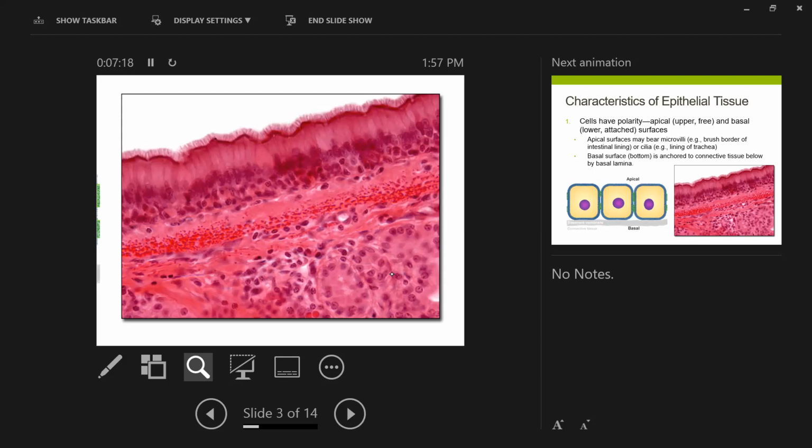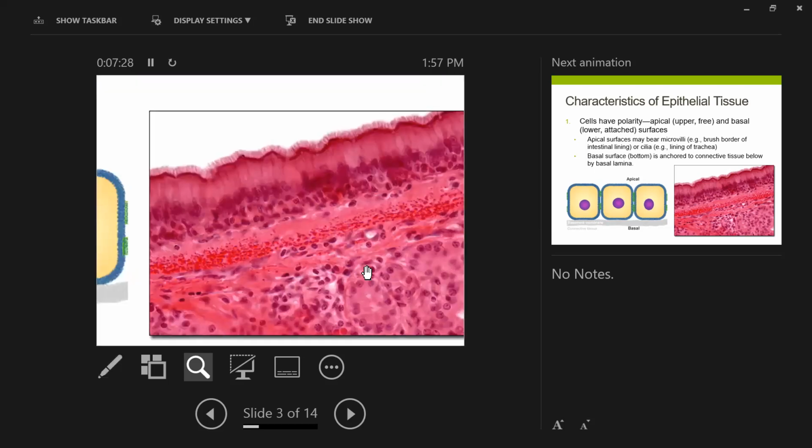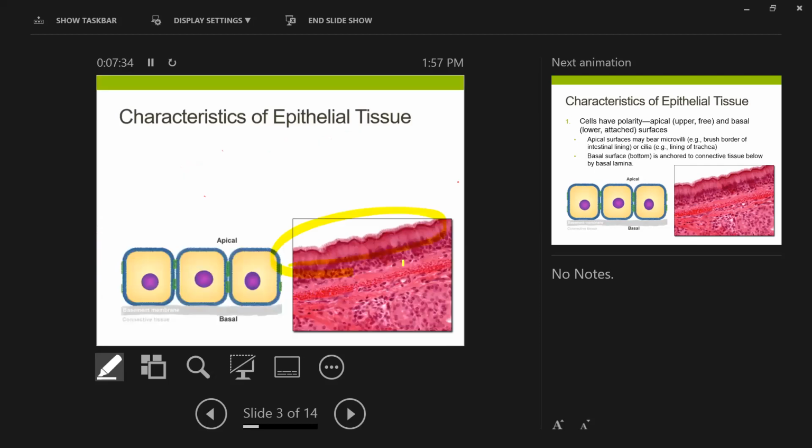On top of. So where do you think the epithelial layer of tissue is on this slide? It is on top. If I were to draw it for you, let's go here. It's right there. That's the epithelial layer of tissue, the top layer. Everything underneath that is going to be the connective layer.